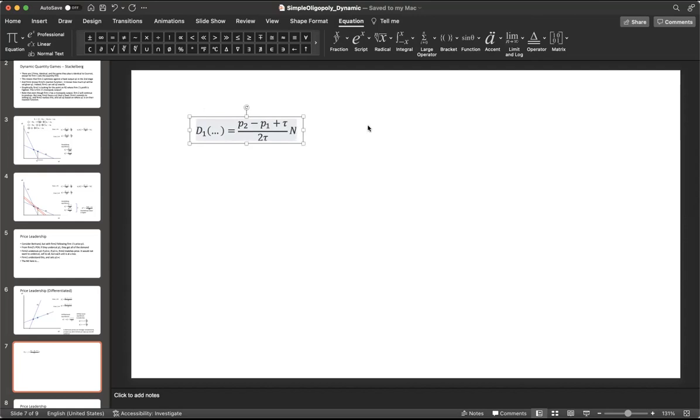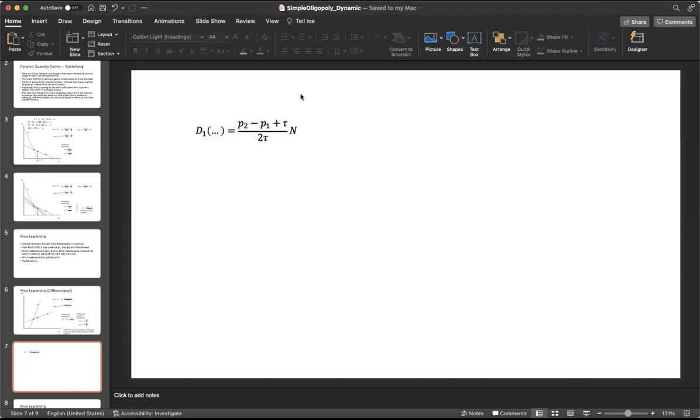Okay, can someone tell me what this is again? This is just something we learned in the differentiated Bertrand.